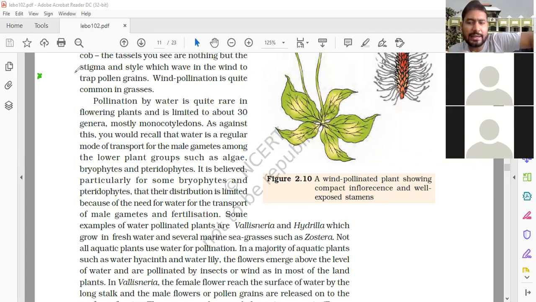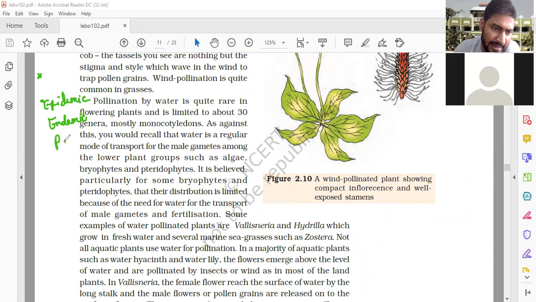You already have studied endemic, epidemic, pandemic. Do you know the three terms? Epidemic, endemic, and pandemic. Anyone, can you explain what is meant by epidemic, endemic, and pandemic?